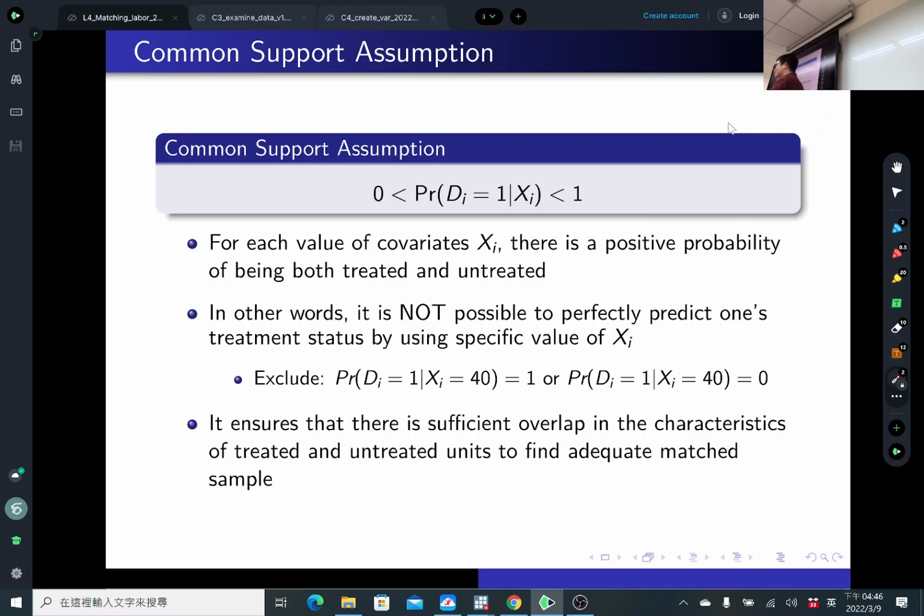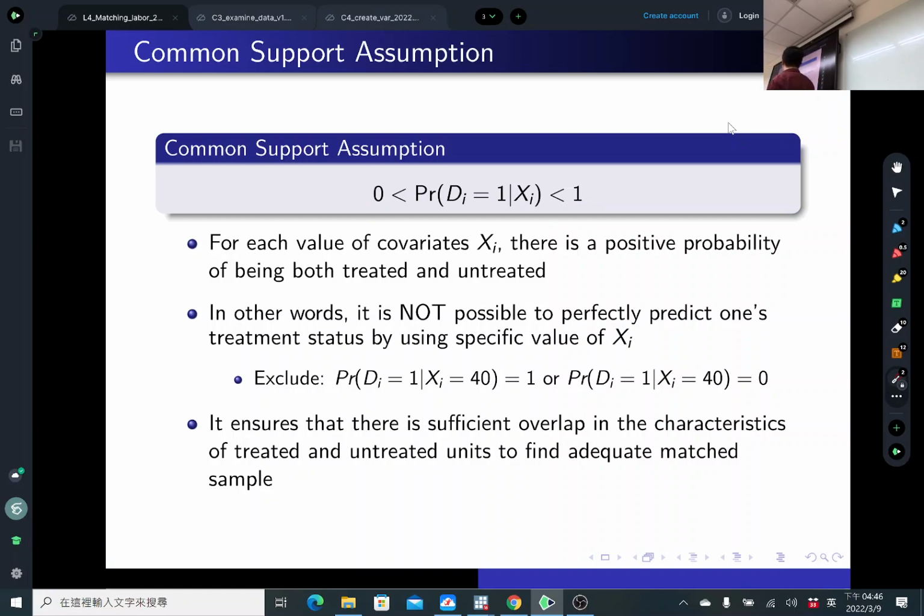So we require the treatment probability given some characteristic value to be between 0 and 1.